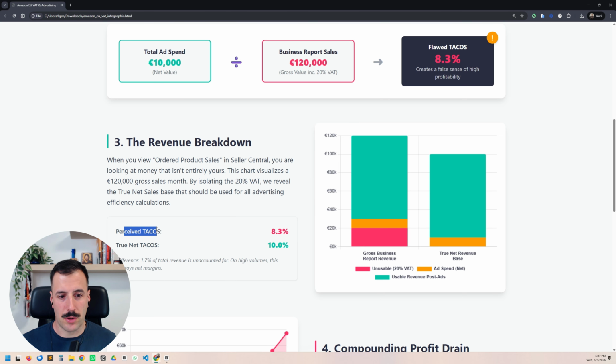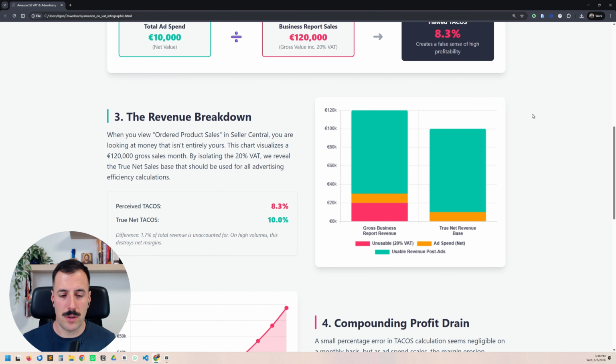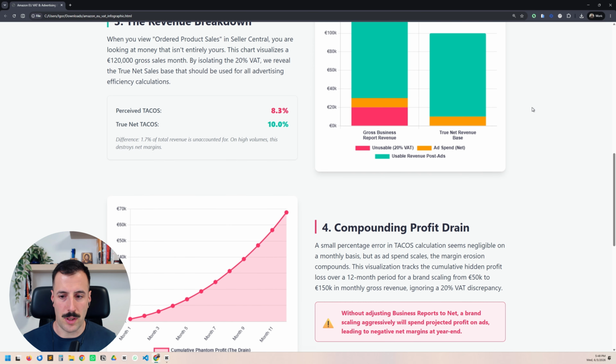So perceived total ACOS is 8.3%, but the reality is much different. It's actually 10%. Now that may sound like not much for many of you, but for some it will really make a difference. This is a difference of 1.7% of total revenue that is unaccounted for. And as I will show in the next example, on large volumes, this can really destroy net margins.